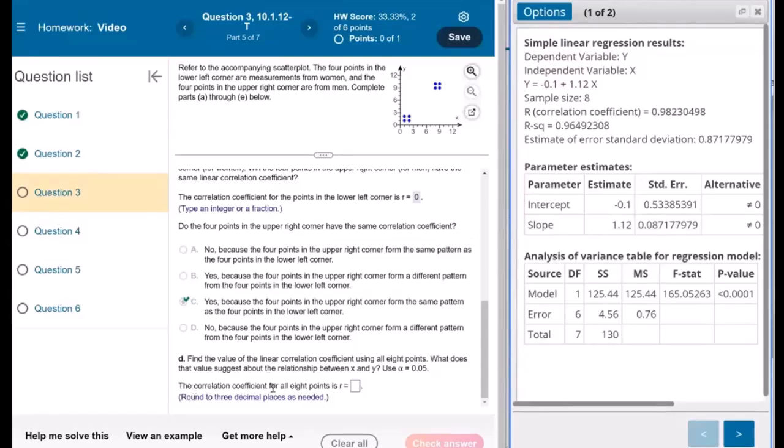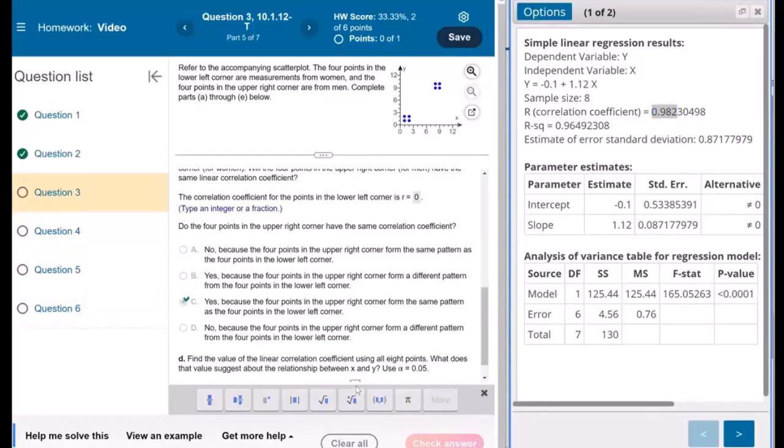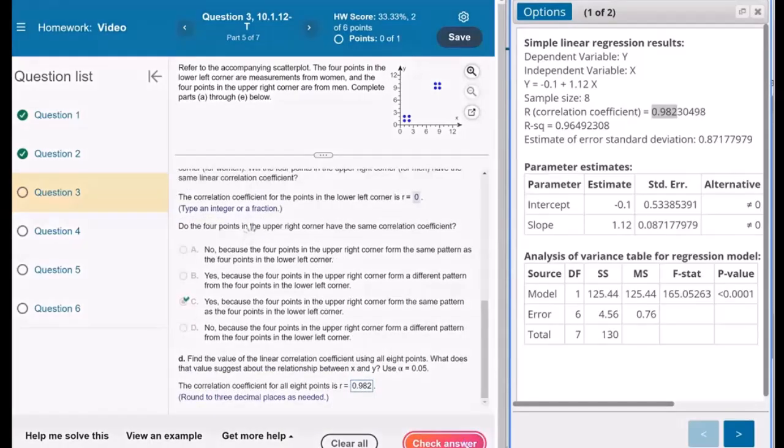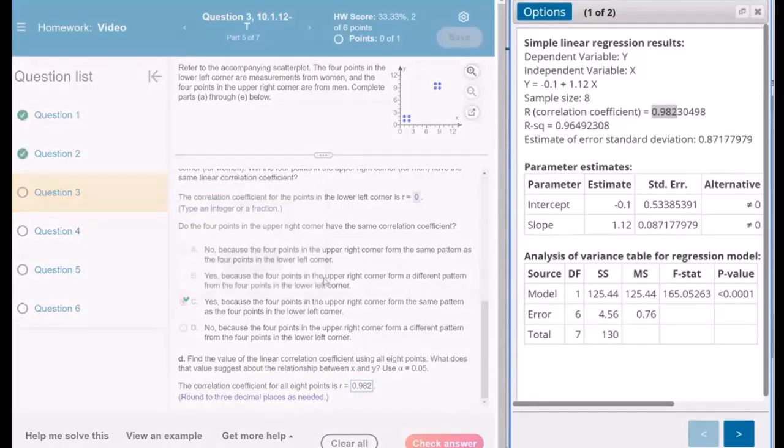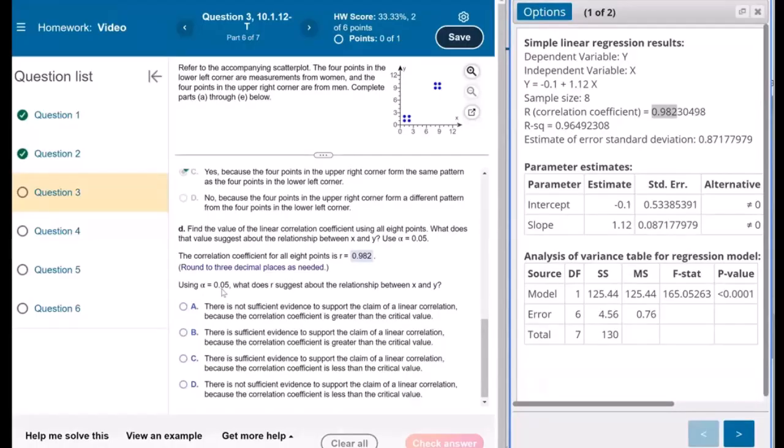Now our correlation coefficient for all 8 points to 3 decimal places is 0.982. That changed significantly, didn't it? Perfect. Using alpha equals 0.05, what does R suggest about the relationship between X and Y?